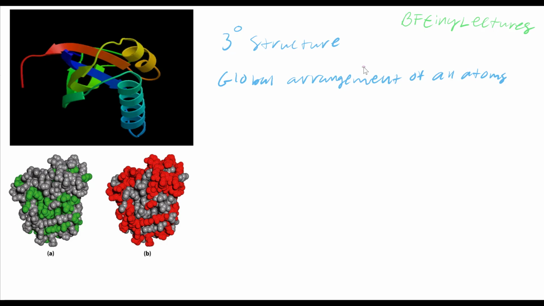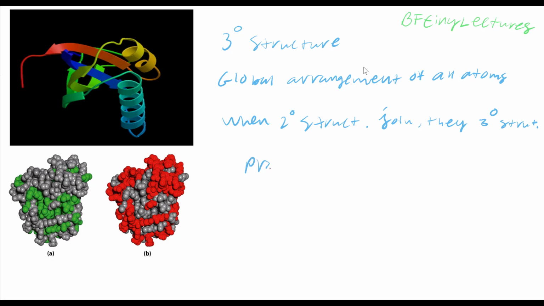So you can say the joining of secondary structures: when secondary structures join, they make tertiary structures. Okay. Now you can have amino acids interacting with each other. You can also have prosthetic groups interacting with each other.